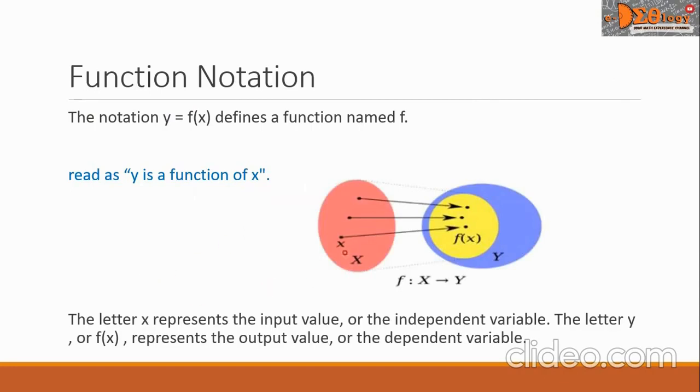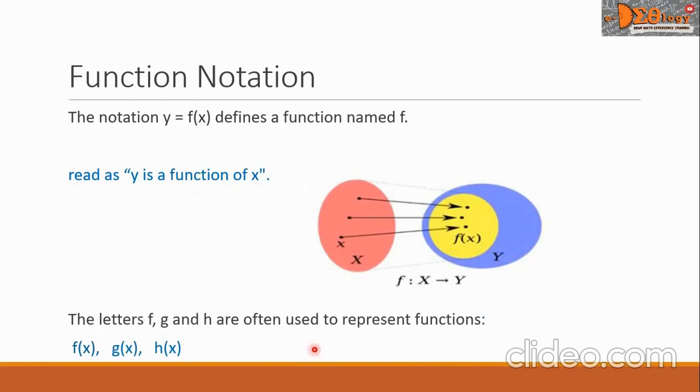The letter x represents the input value or the independent variable, the letter y or f of x represents the output value or the dependent variable. The letters f, g, and h are often used to represent functions. We will see f of x, as we see in our example here, or g of x, or h of x.